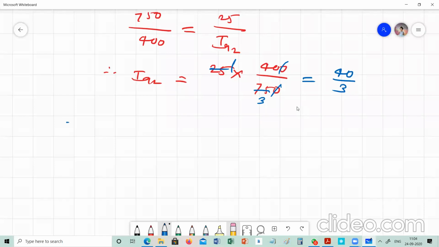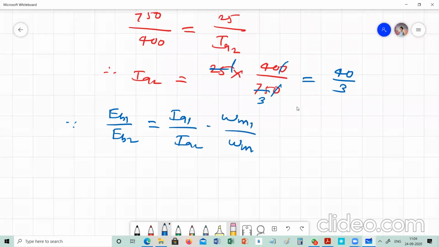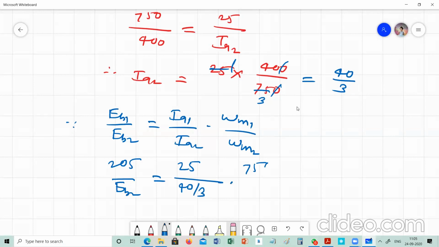Since EB1 by EB2 is equal to IA1 by IA2 into omega m1 by omega m2, we have derived this equation where EB1 we have calculated equal to 205. EB2 was unknown, IA1's value is 25, IA2 is equal to 40 by 3, into omega m1 equal to 750 and omega m2 equal to 400.